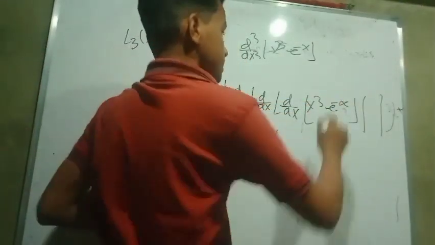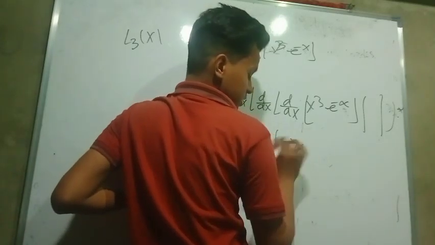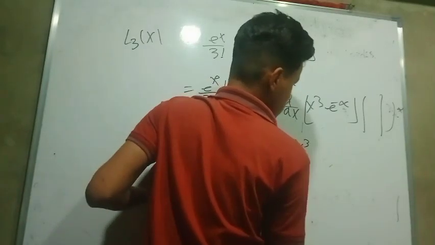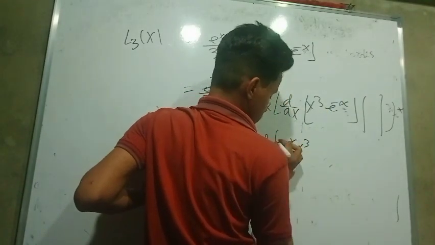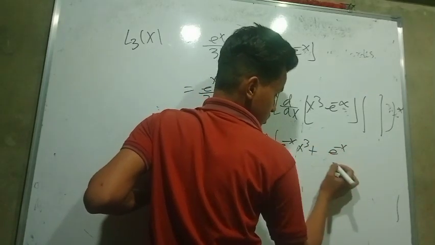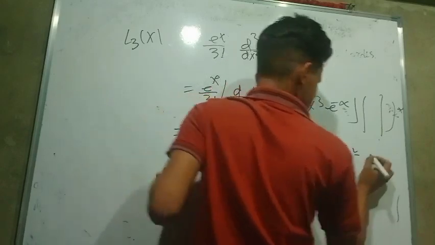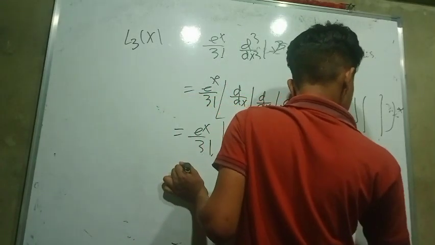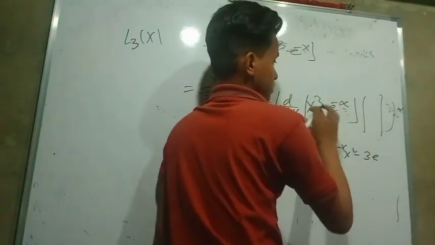When we differentiate it, it gives us, by using the shortcut method, write down the e^-x. I am using the shortcut method. e^-x x³, then minus, here it will be alternate, e^-x x³. Here minus, it will give us plus e^-x 3x². Since plus, it will be minus 3e. This is the second differentiation.